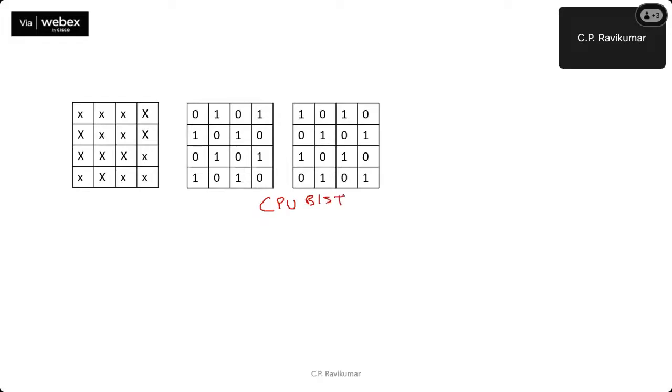If you don't want to do CPU BIST, then you have to put what is called a memory BIST controller. The BIST controller will need some logic in order to generate the row and column addresses, right?